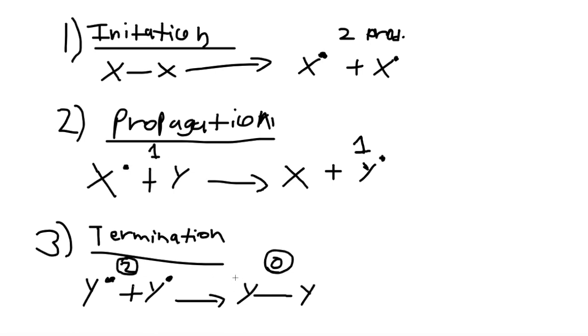So the initiation step is that we want to form radicals. Propagation is that we would switch around the radicals. And termination is that we end the reaction. That is why we end up having no radicals. Initiation is that we would start with nothing and we would add radicals to start the reaction.